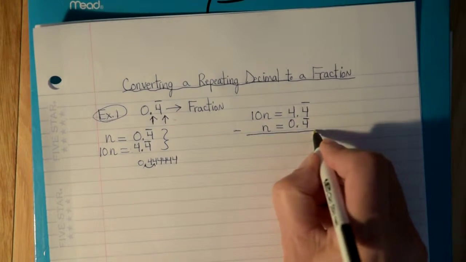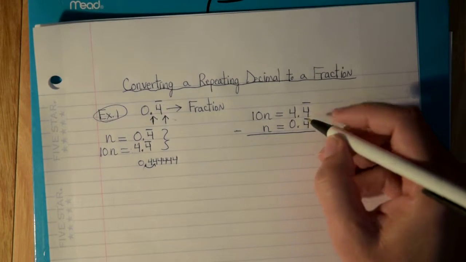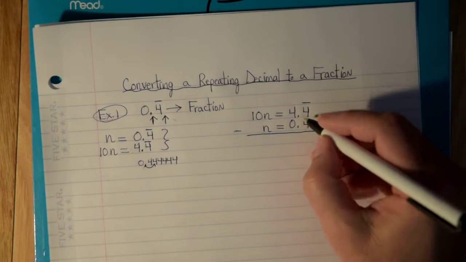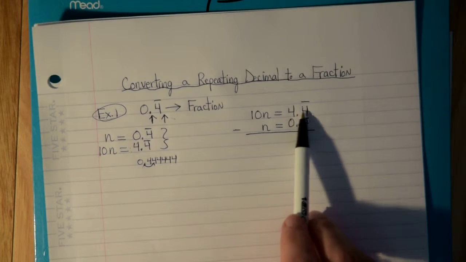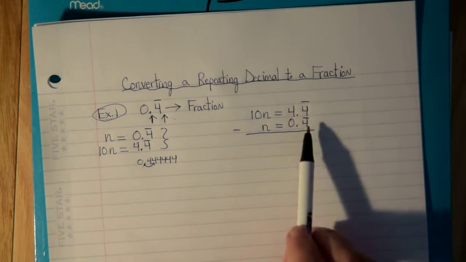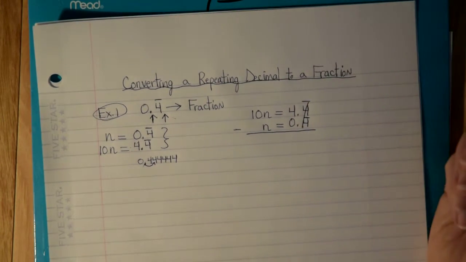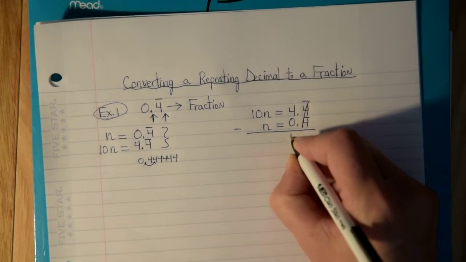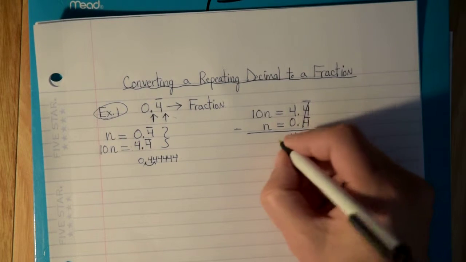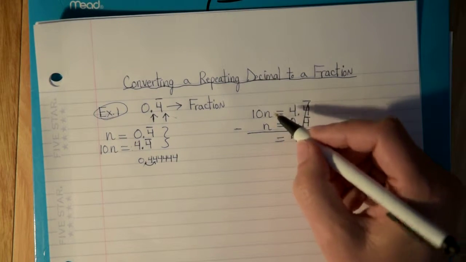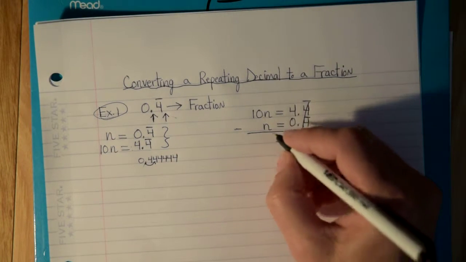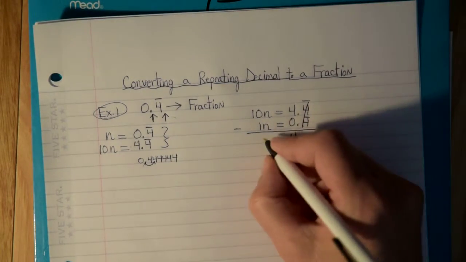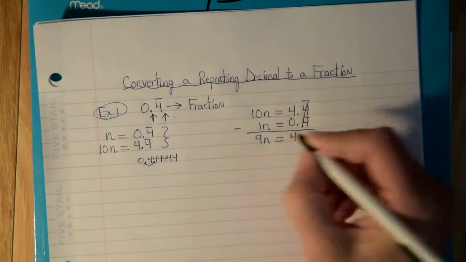When you subtract, the repeating units should cancel each other out. So the piece to the right of the decimal should be identical, because 4 repeating minus 4 repeating is going to be 0. So they're gone. Then it's just 4 minus 0 is 4. And then 10 n's minus 1 n, there's an invisible 1 there, leaves 9 n's.